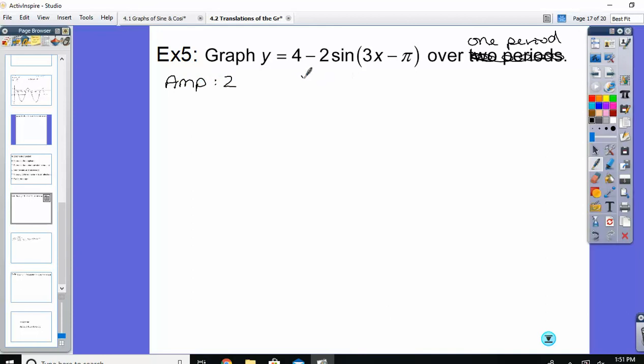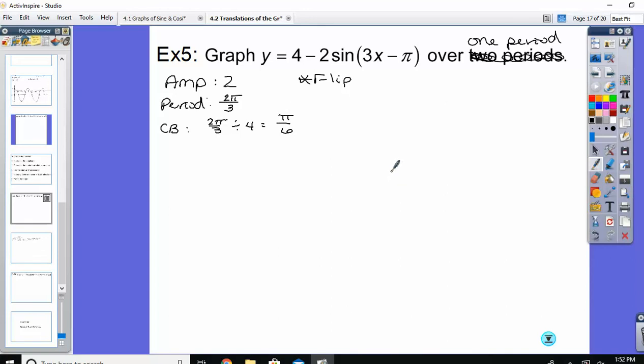But since there's a negative in front of that 2, we are flipping on this one. Period. 2 pi divided by the coefficient of x, so 2 pi over 3. So the count by is your period divided by 4 for the 4 quadrants. We get pi over 6.